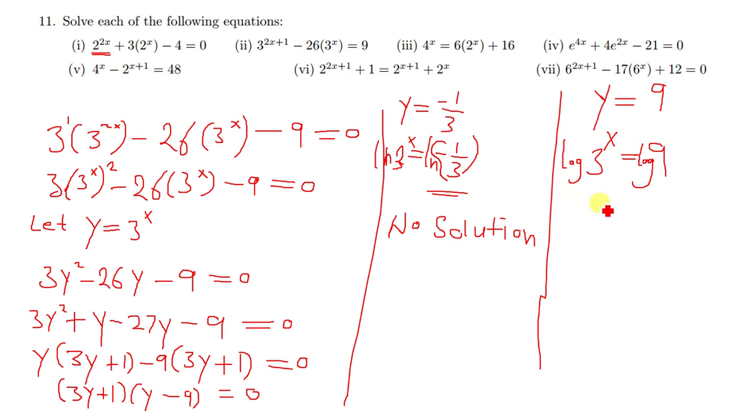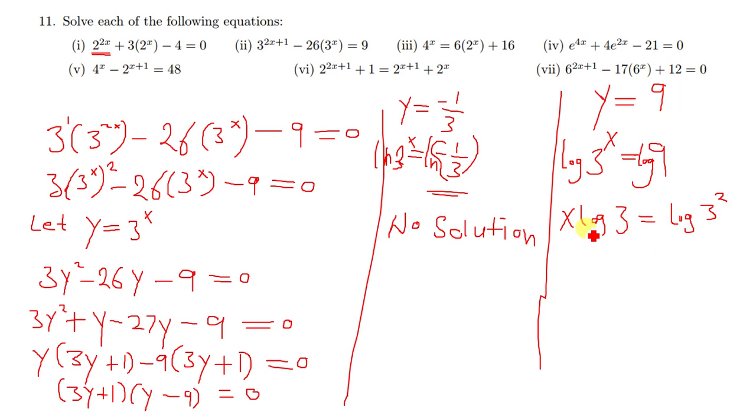So you bring down this x, you're going to have x log 3, and then this is equal to the log of 9. I know 9 can also be written as 3 to the power 2.